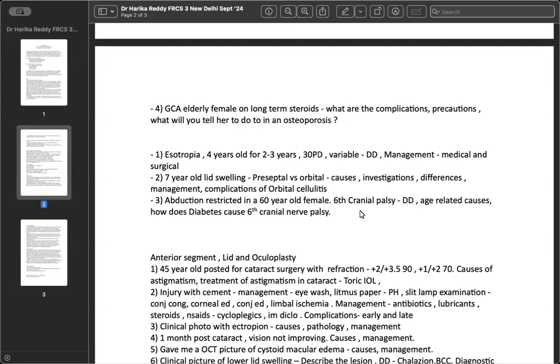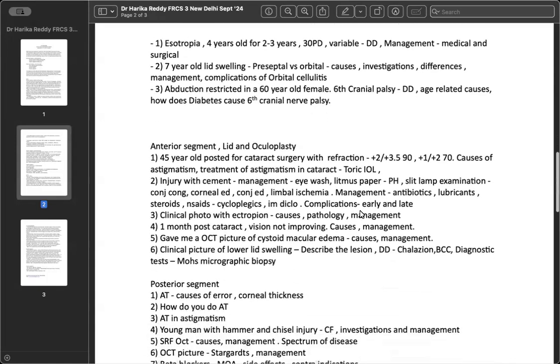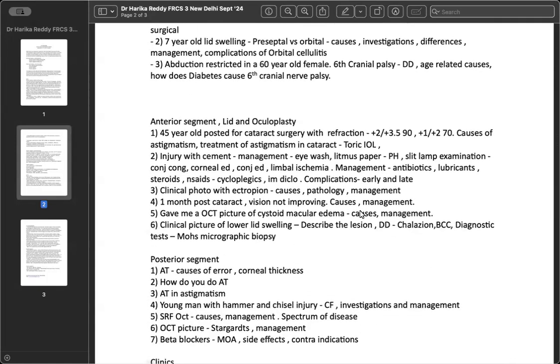So then moving on to the anterior segment, lid and oculoplasty section. This was again given as a laminated sheet. It said a 45-year-old posted for cataract surgery with a refraction of +2 sphere with +3.5 cylinder at 90 degrees in the right eye, and left eye +1 sphere and +2 cylinder at 70.